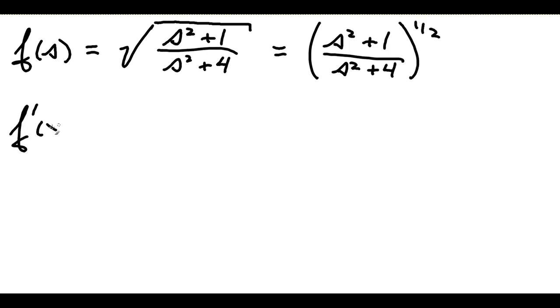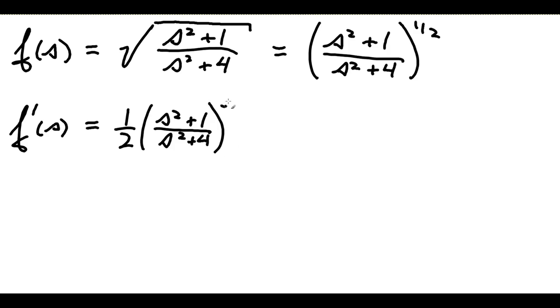So now when we take f prime of s, we have something to the 1/2 power. So the power rule tells us that is 1/2 times that thing to the negative 1/2 power. But that thing is more complicated than just our variable, so the chain rule tells us we have to multiply by the derivative of that thing.